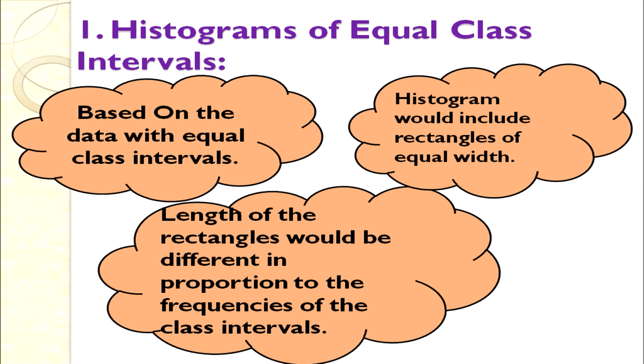Now, the length of the rectangles of the histogram will vary according to their frequencies, whereas the width of the bars is going to remain the same and there won't be any difference between them. So, we have learned that the length of the rectangles would vary according to frequencies, and the width is going to remain the same. Next thing, there will be no distance between the bars or rectangles.